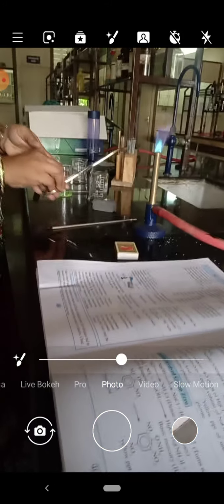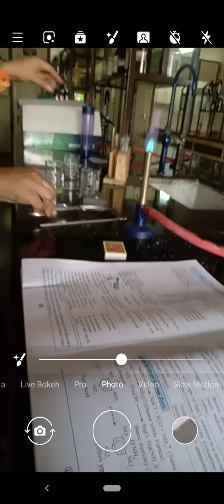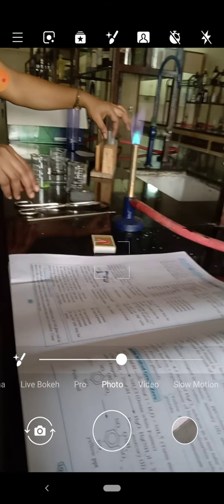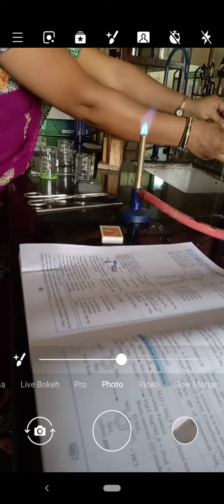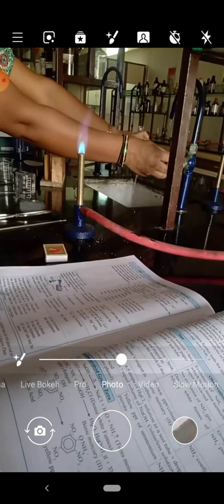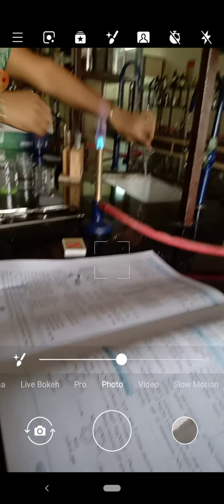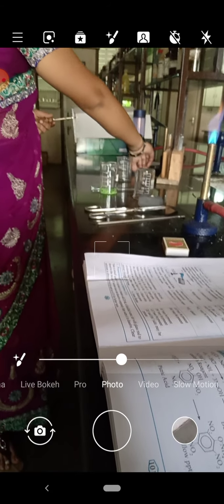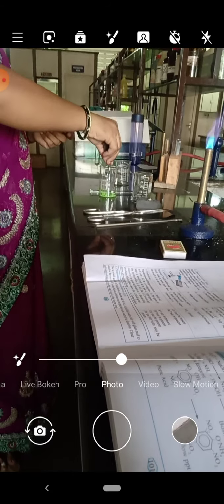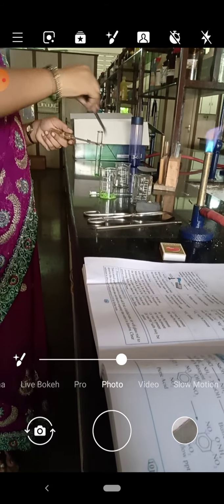Now the next test we will do, that is the NaOH test. Here we will come to know whether ammonium is present or not. We will take a salt.